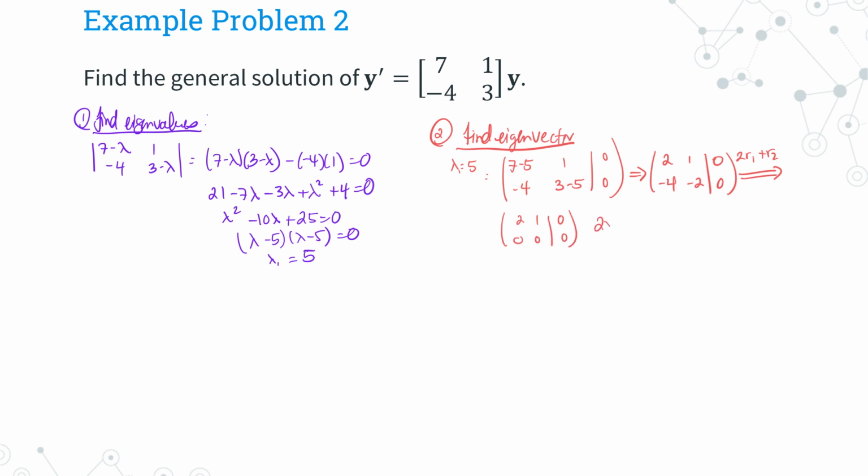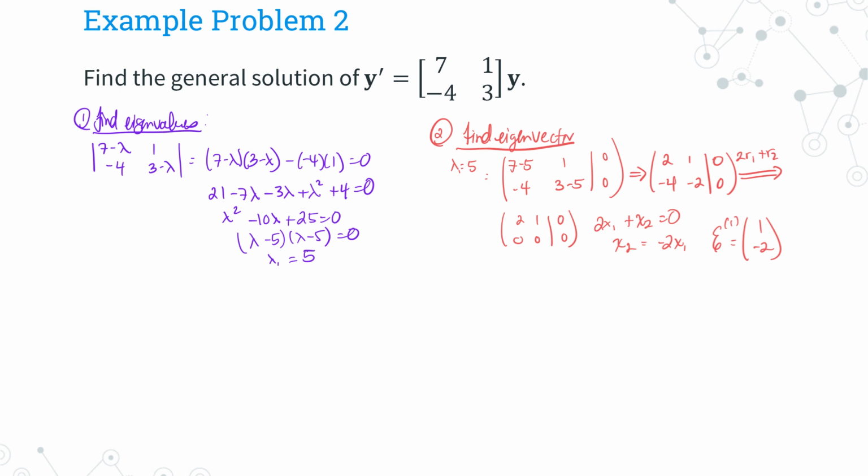So we have 2x1 plus x2 equals 0, or x2 is equal to -2x1. So if we do that, then we have an eigenvector here of, if we let x1 be 1, then x2 is -2.